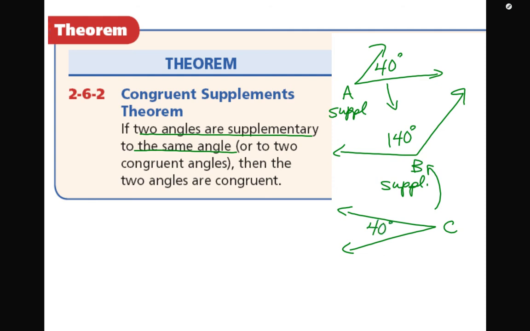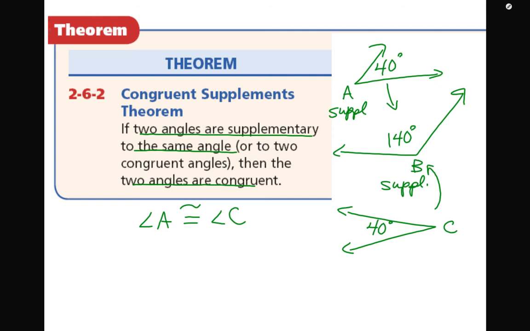So as a result, did we get the two angles being congruent? Angle A and angle C, notice, ended up being the same degrees. Oops, C. So we did arrive at the solution, or the conclusion, I should say.